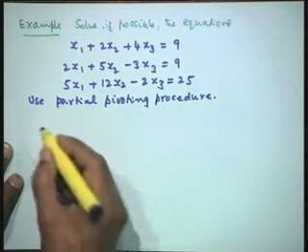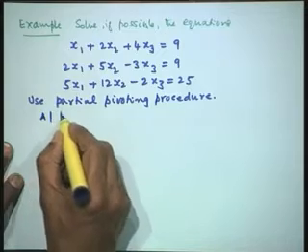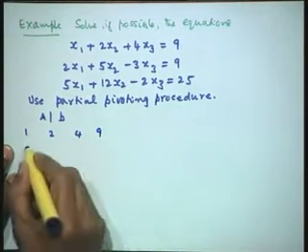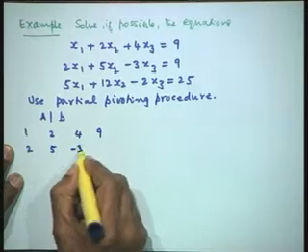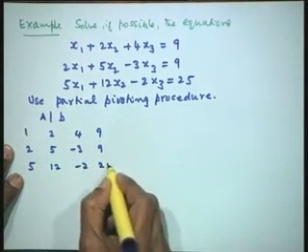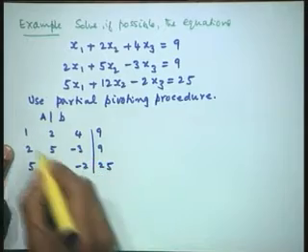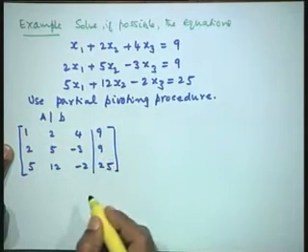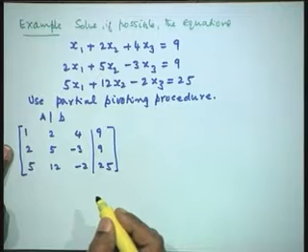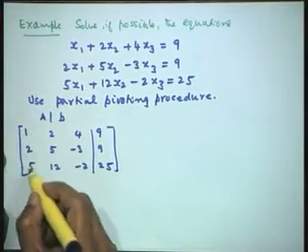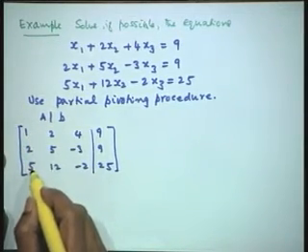Now let us write down our augmented matrix AB. So we will have 1 2 4 9, 2 5 minus 3 9, 5 12 minus 2 25. Now I search the first column for the largest element in magnitude, 5 is the largest element.